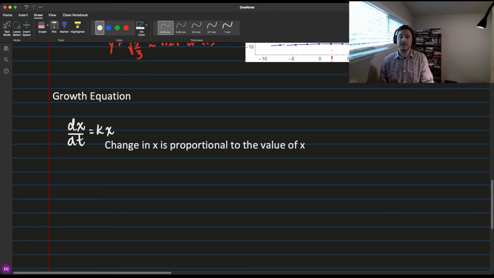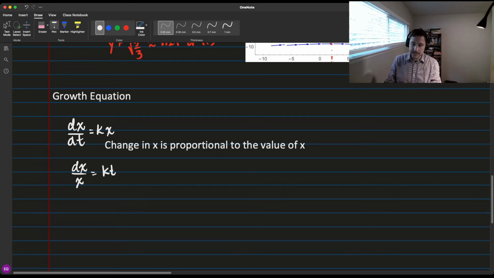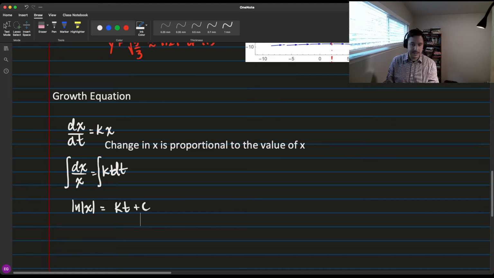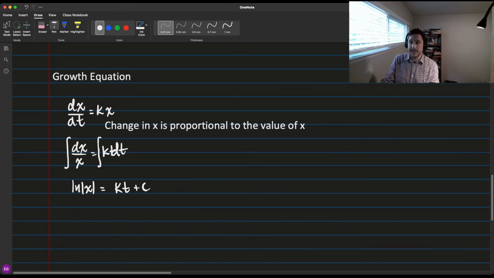This is actually a separable equation. You can divide both sides by x, and you get dx over x equals k dt. You can integrate. Integrating dx over x is the natural log of the absolute value of x. Integrating k dt is going to be kt plus c, and this is going to be very similar to what we had happen last time.